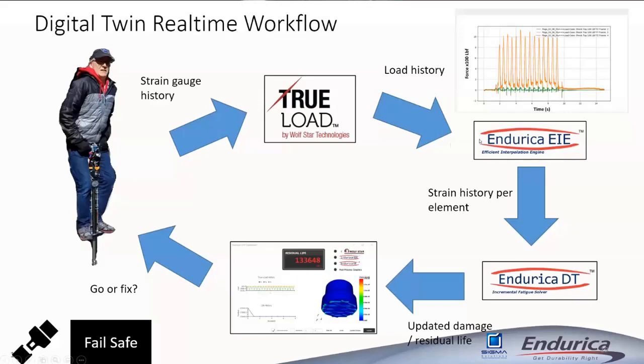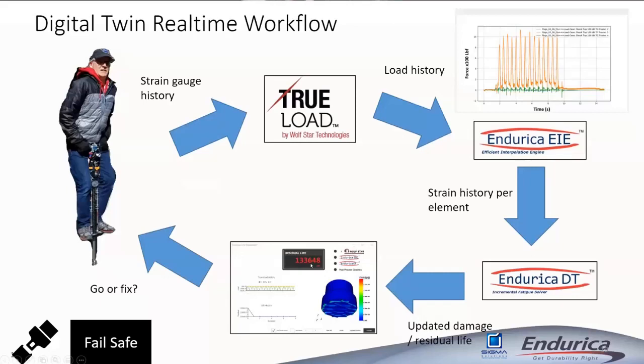So we acquire some data, pass it to EIE, and get a strain history for every element. We accrue the damage using Endurica DT, our incremental solver, and then you can create a dashboard that shows the actual current damage state of the part. This counter shows the residual life.